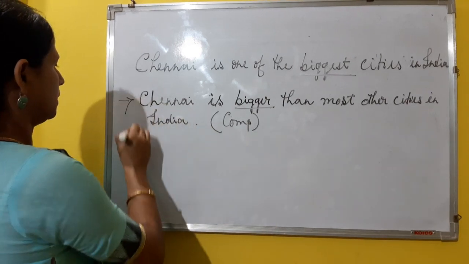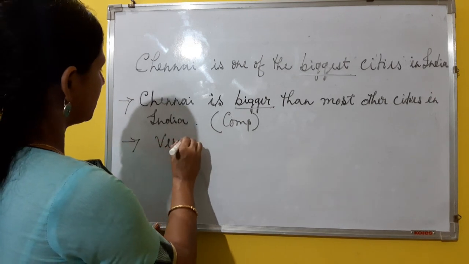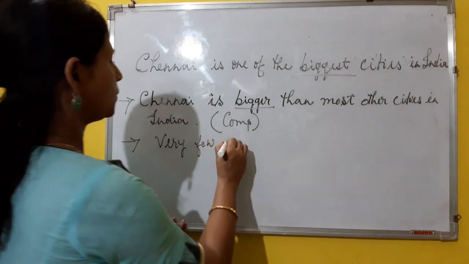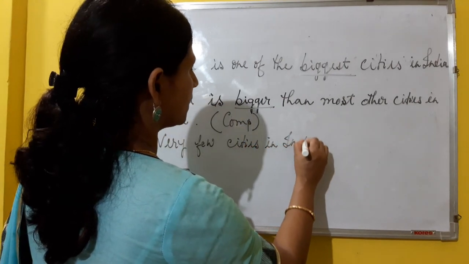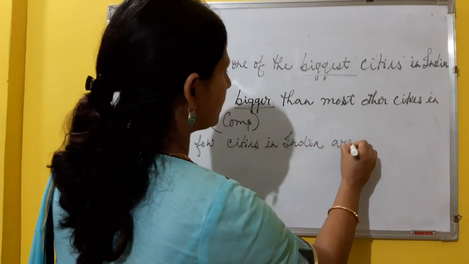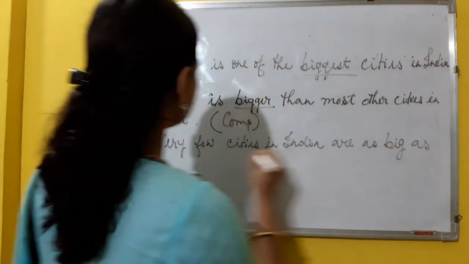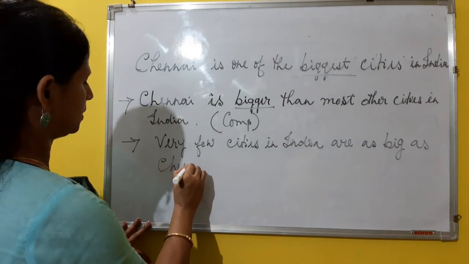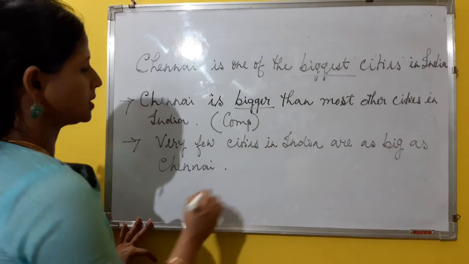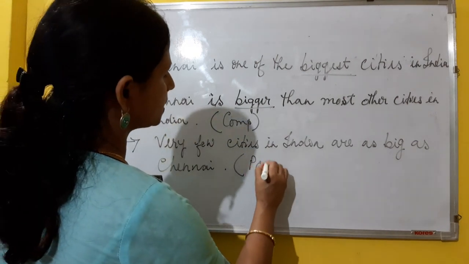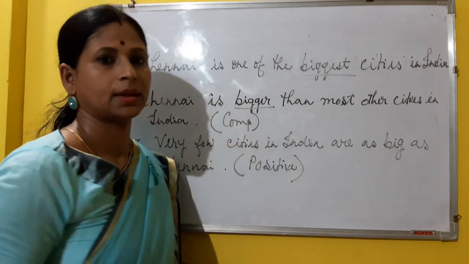And next, if we write it in positive, very few cities in India are as big as Chennai, and this is the positive form.